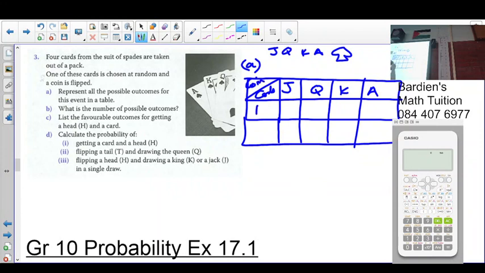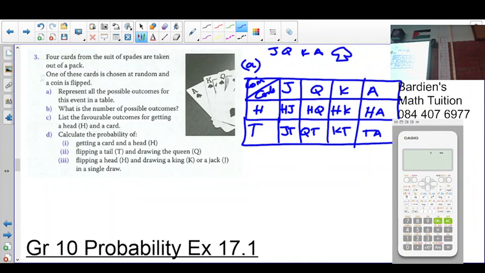The coin can either be heads or tails. So it can be heads and Jack, heads and Queen, heads and King, heads and Ace. Jack and tails, Queen and tails, King and tails, and Ace and tails. Okay, you all agree with that? So there we have represented the outcomes for the event in the table.